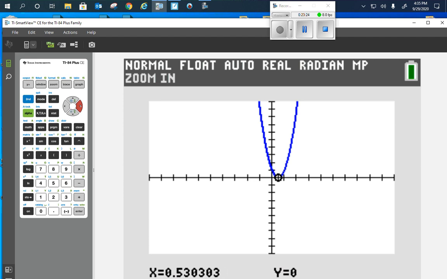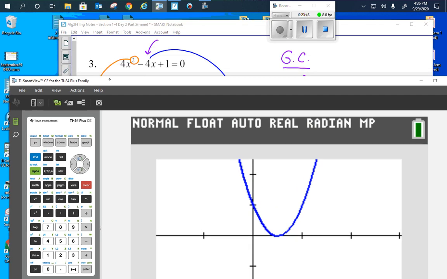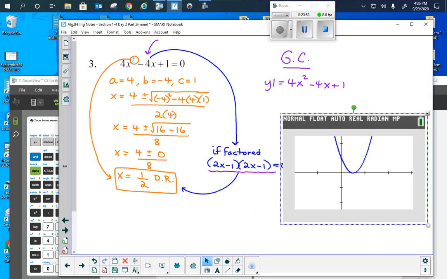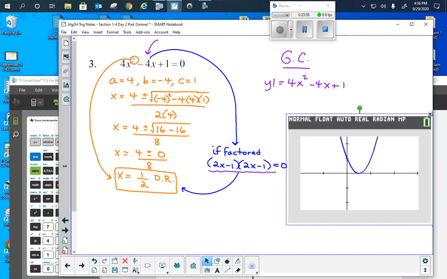Hitting that right arrow key, push enter. And so now you can see if you push clear, get that cursor out of there, really, it looks like it's just touching and going right back up. Okay, so let's examine what's happening here.